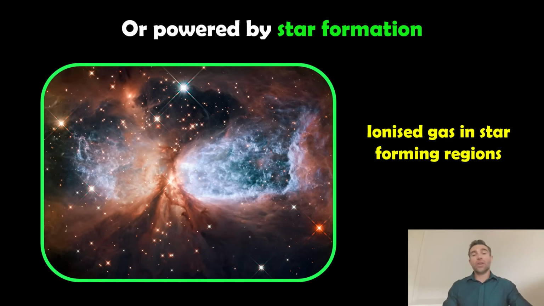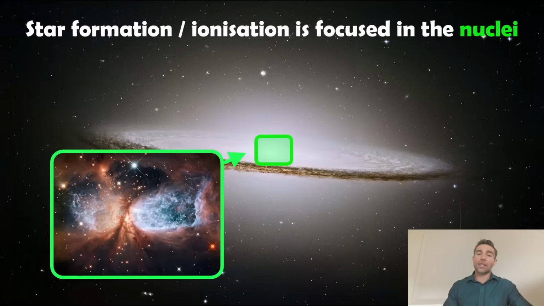So we could be getting those lines from star forming regions, but the key thing here is that all galaxies, well, not all galaxies, that's a lie, specifically star forming galaxies like this are going to have star formation occurring in them. So why is this a LINER galaxy and not a normal galaxy? Well, the star formation and the ionization is typically focused toward the center part of the galaxy, the nuclei.